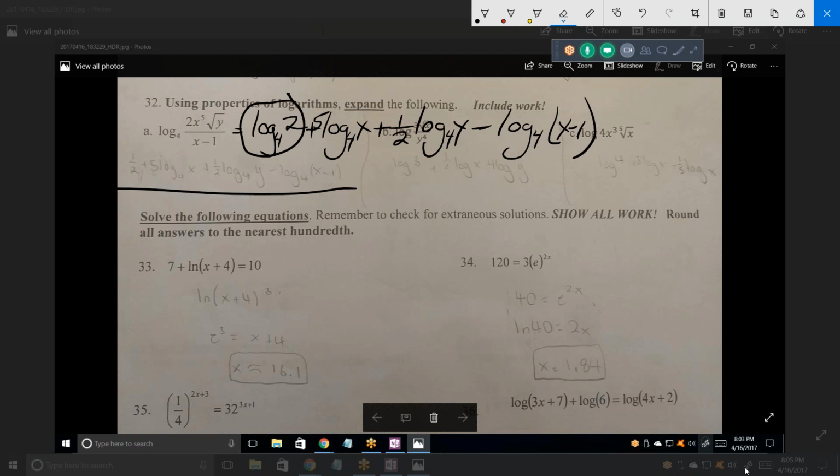No. The 2 would have to be in front of the log to be able to do that. If the 2 is part of the argument, then you cannot use the rules of logs and make that 2 part of that exponent. Doesn't work like that. So you have to make the 2 a multiplier, which means you have to have the log base 4 of 2 plus that part, plus that part, minus that part.